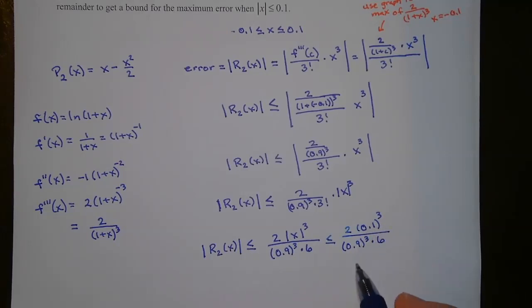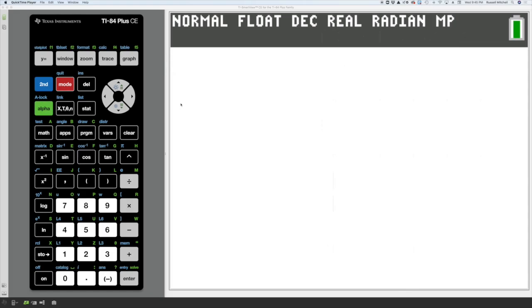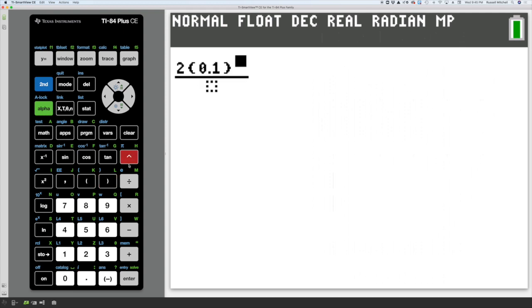So I'm going to put this into my calculator. On my calculator, I type alpha x to get the fraction bar, then 2, times 0.1 raised to the third power, over 0.9 raised to the third power, and then times 3 factorial, which is 6, so times 6, and press enter.